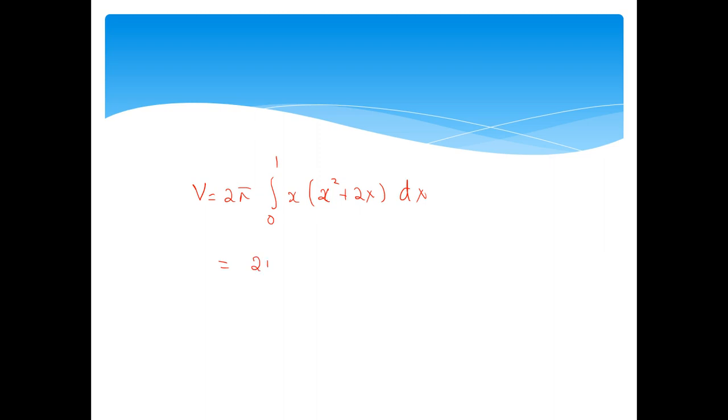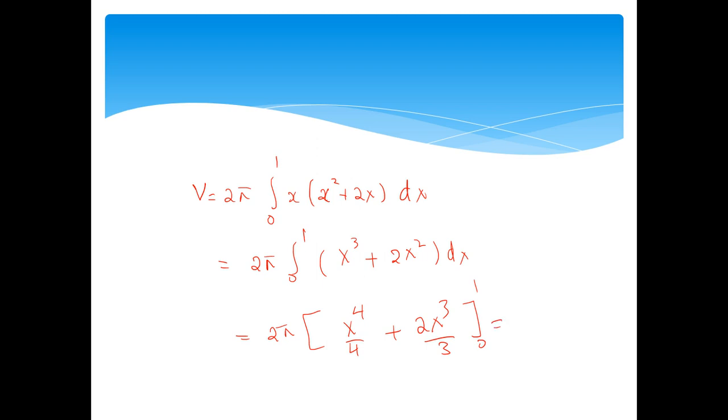That is going to be 2 pi times the integral from 0 to 1 of x cubed plus 2x squared dx. Do the integration, get x to the fourth over 4 plus 2x to the third over 3, evaluated from 0 to 1, and that should be equal to 11 pi over 6 cubic units.